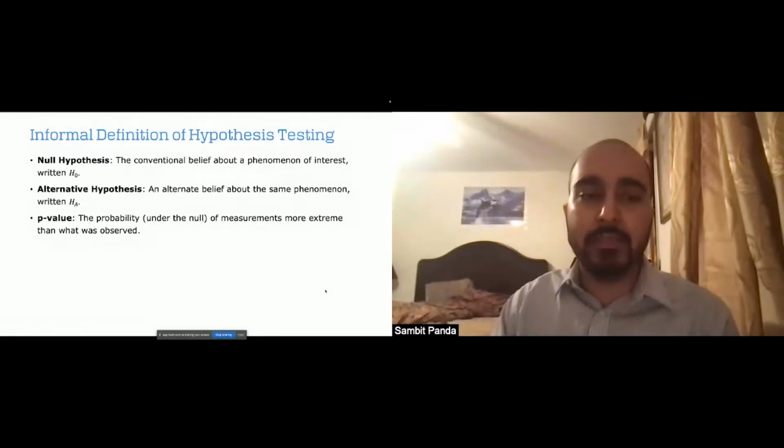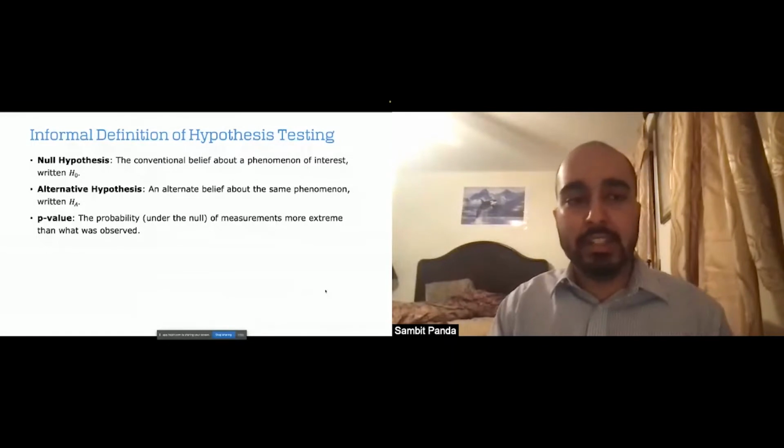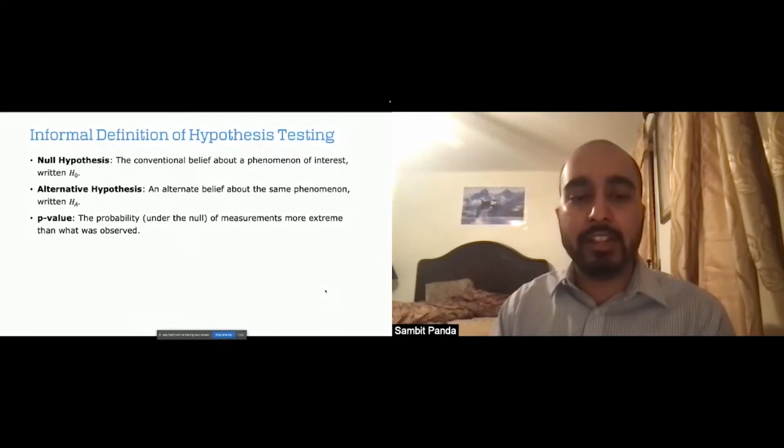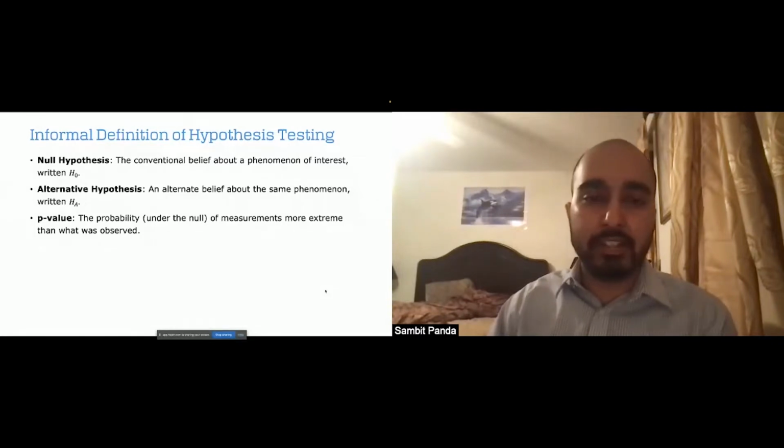The alternative hypothesis about the same phenomena is H_A. When we test, we try to reject the null hypothesis. And then the p-value is a measure of confidence of the results that we get from our test. Under a threshold called alpha, we will reject, and that in turn essentially rejects the null hypothesis. The p-value is the probability of observing a measurement more extreme than a given observation.